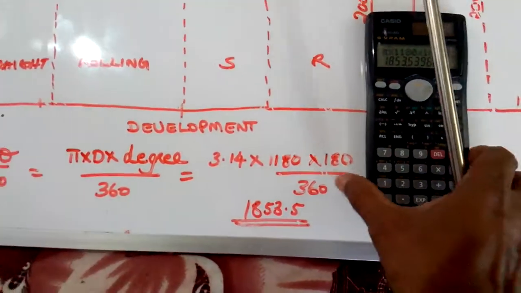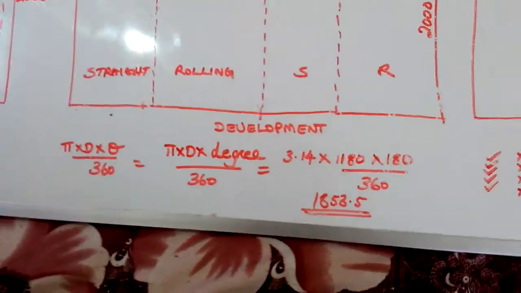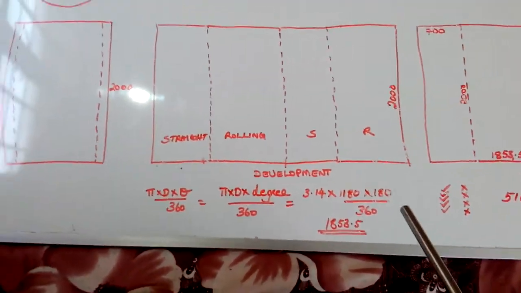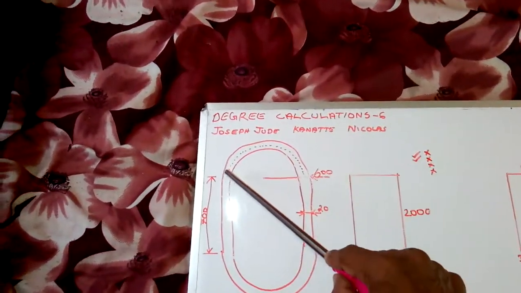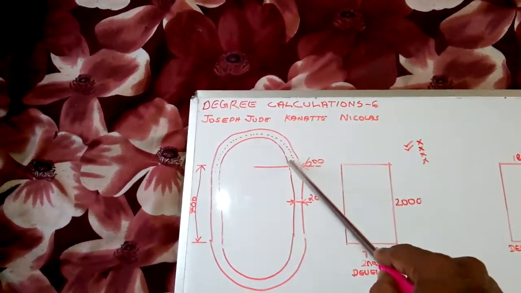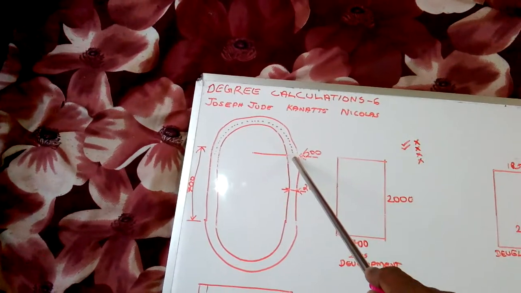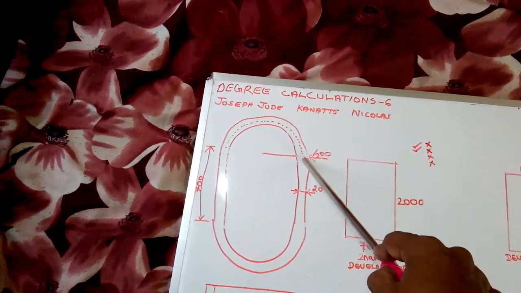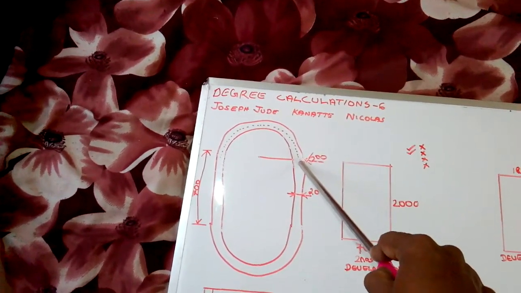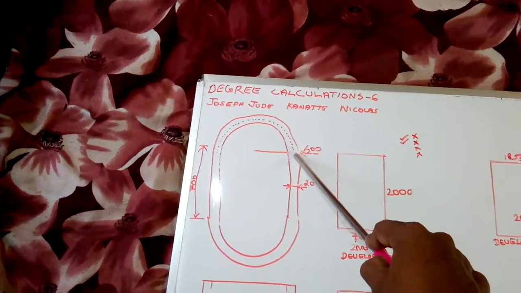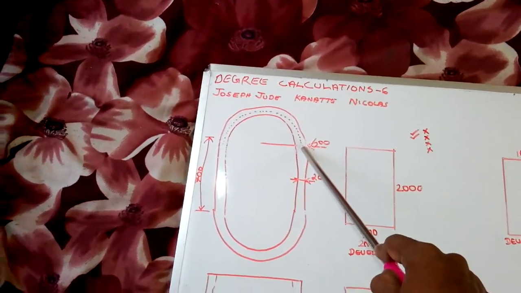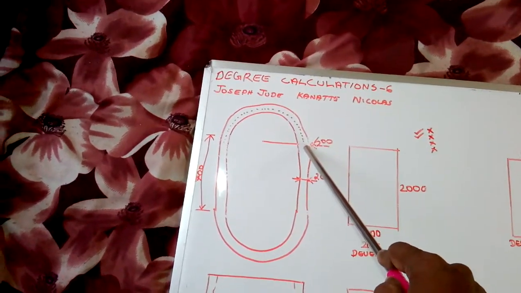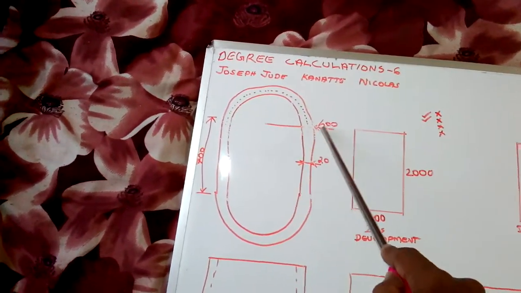So what is this measurement? 1853.5 is the perimeter of this half round. This is the perimeter of the half round. If we cut a piece of this length, and it has a thickness of 20 mm, and we roll it, we will get a job which will have a major radius of 600.